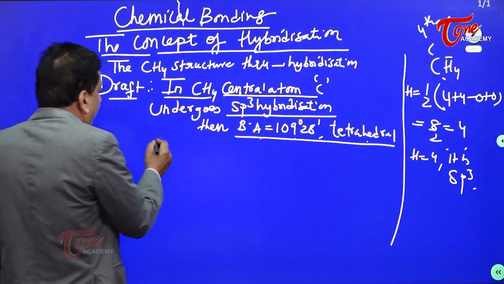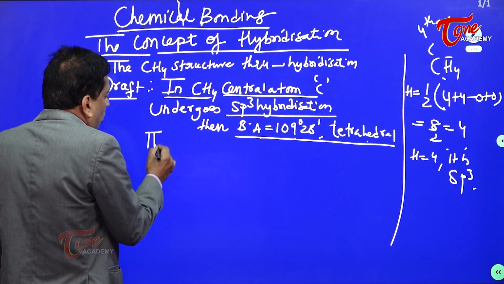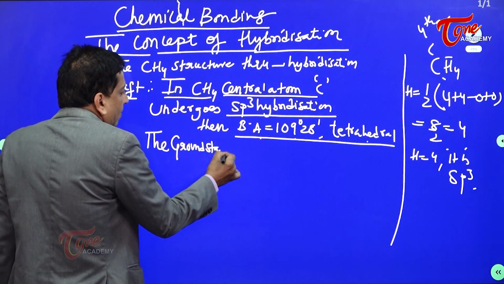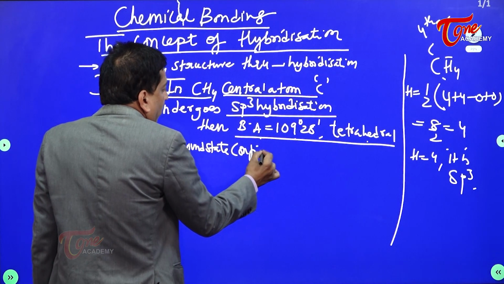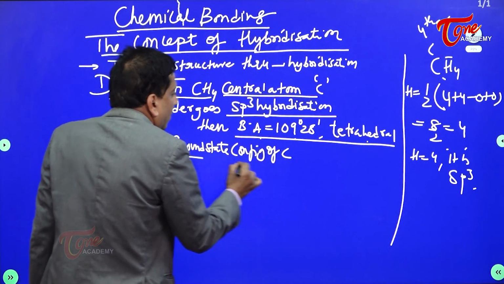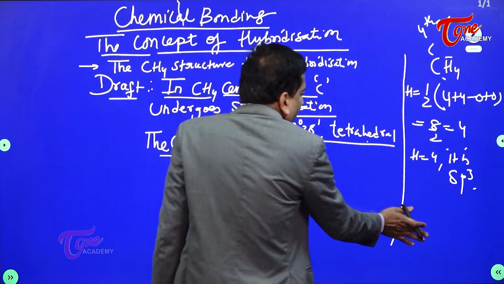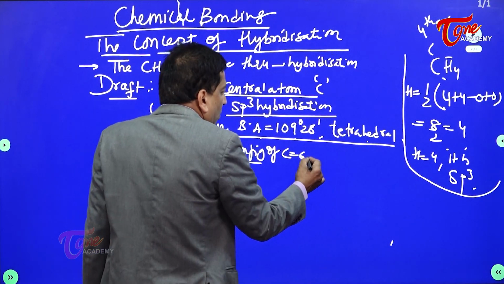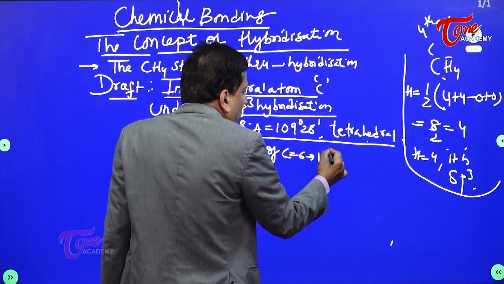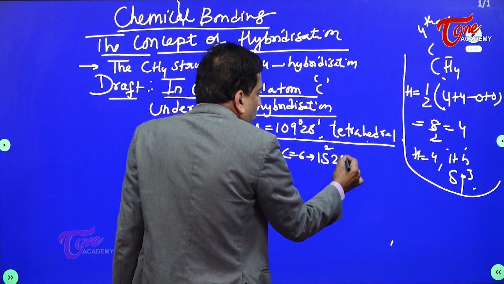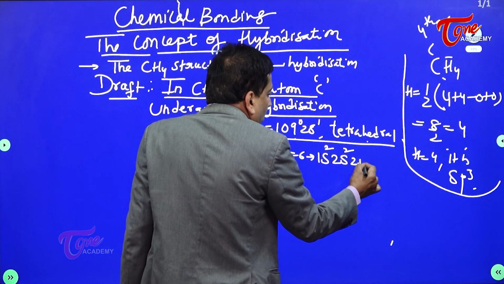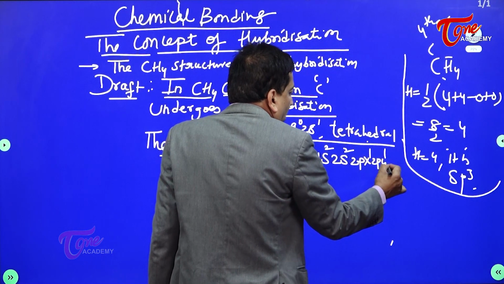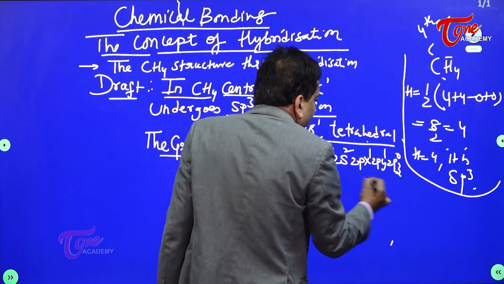So if I write the ground state configuration of carbon, which is 6, it is like this: 1s2, 2s2, 2px1, 2py1, 2pz0. You can see here.